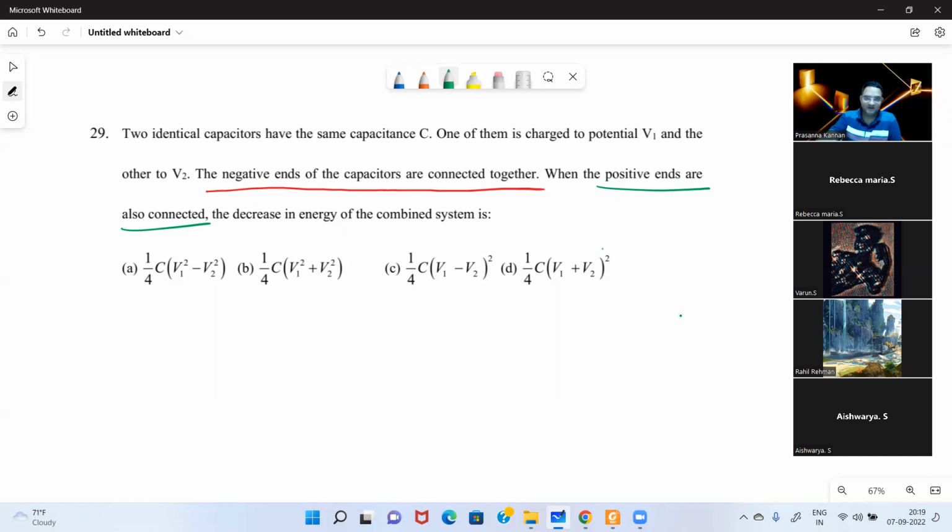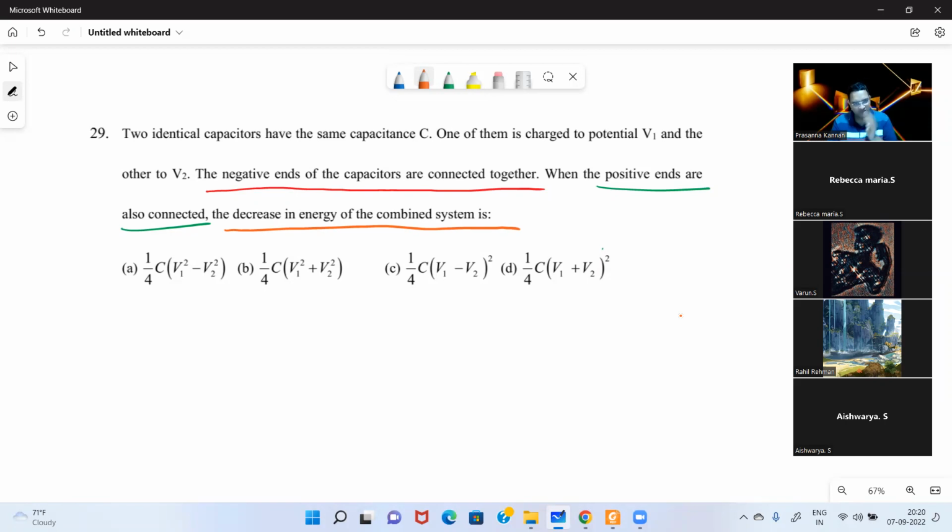Then once that is done, what should we find? Tell me, Rahil. Finally, we need to find the decrease in energy. Yes. Do you remember from last class?